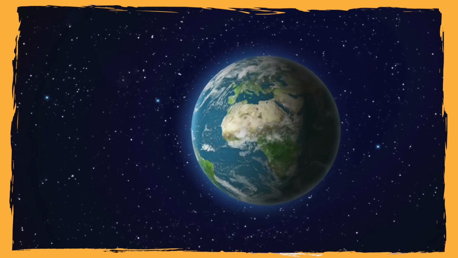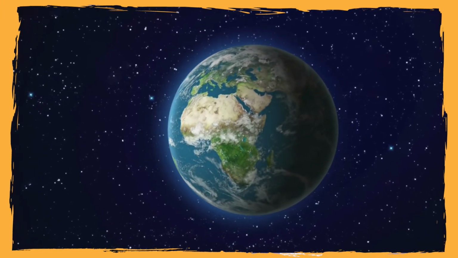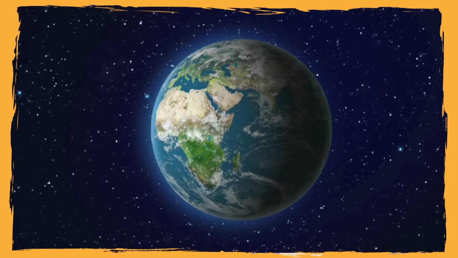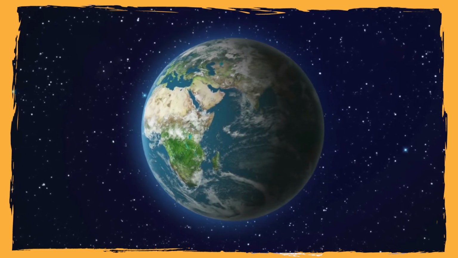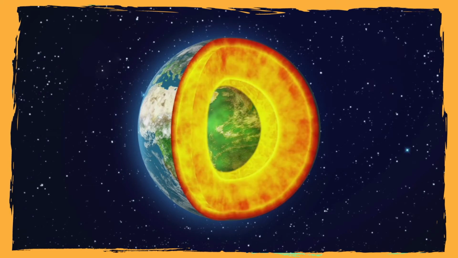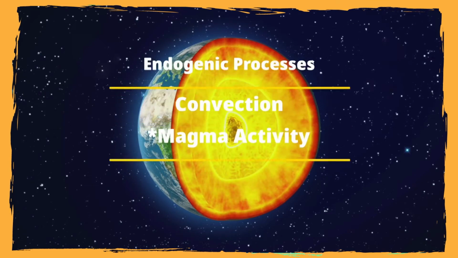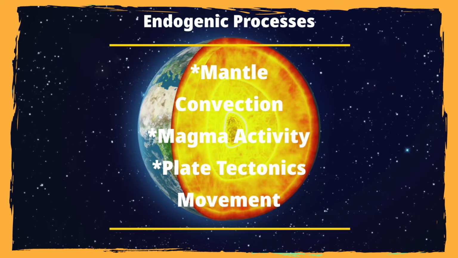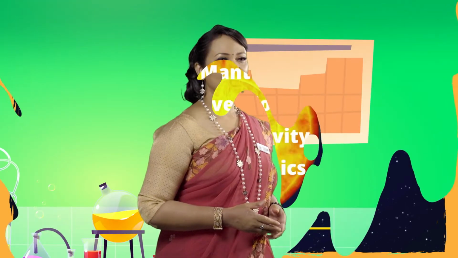The endogenic process is caused by forces from within Earth, which not only forms the surface of Earth but continuously causes changes too. Examples of endogenic processes are mantle convection process, magma activity, and plate tectonic movement. Now, let's explore these processes further, shall we?